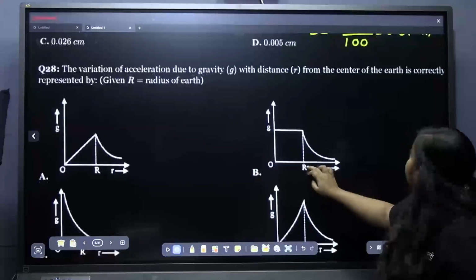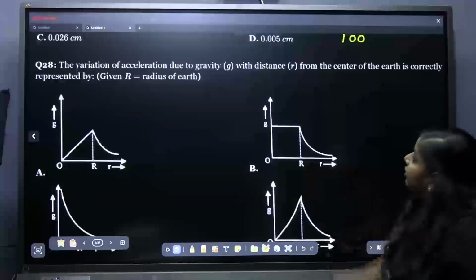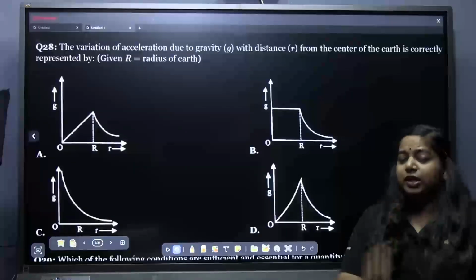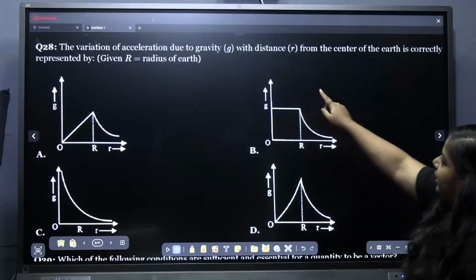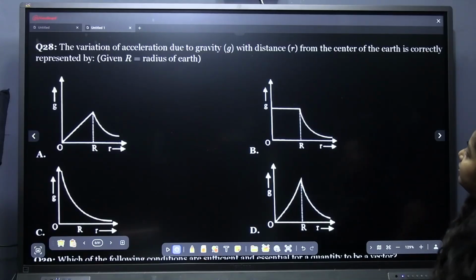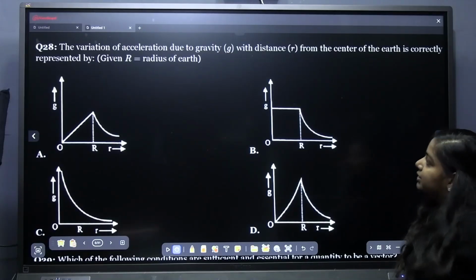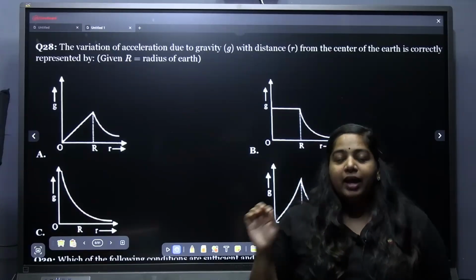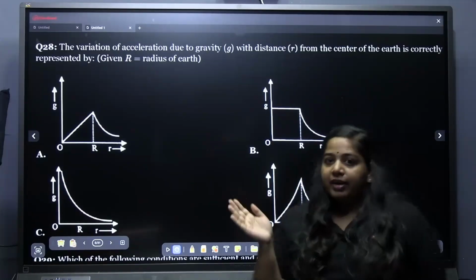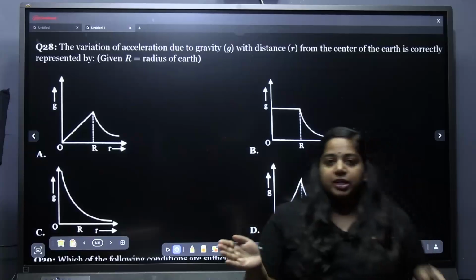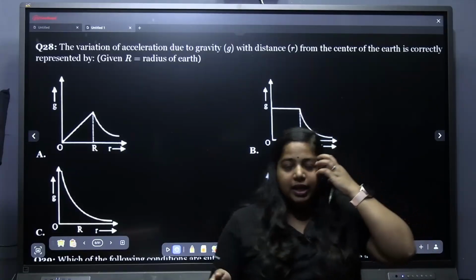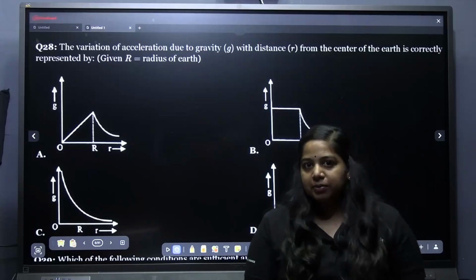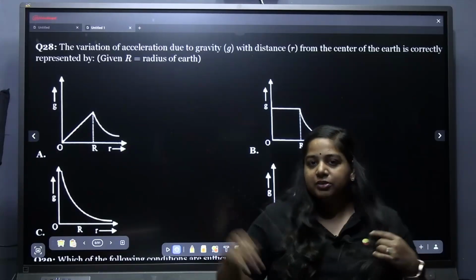Next one, question 28. Again, a graphical question we have to attend. Anywhere you see a graph, just attend it. Variation of acceleration due to gravity with distance r from the center of earth is correctly represented by which graph? Just remember this: gravitation and electrostatics are parallel to each other. Anything you know in electrostatics, you can apply in the gravitation chapter also, except the Kepler's law part.